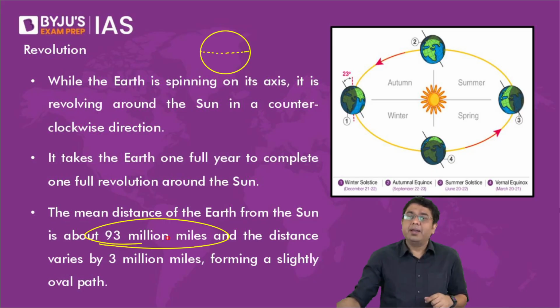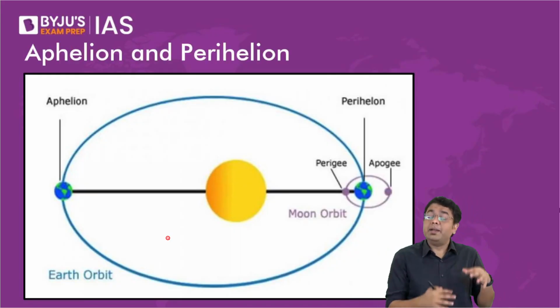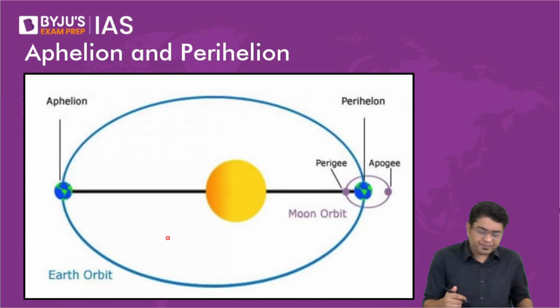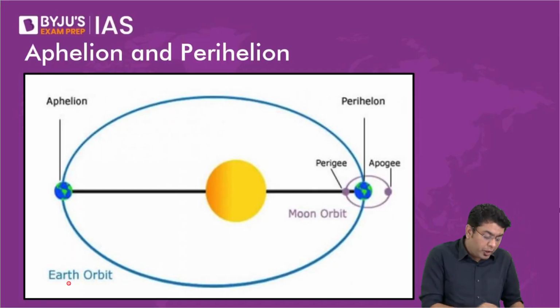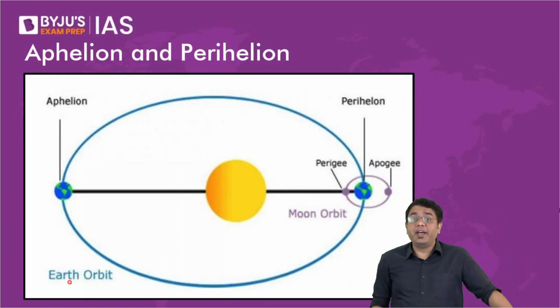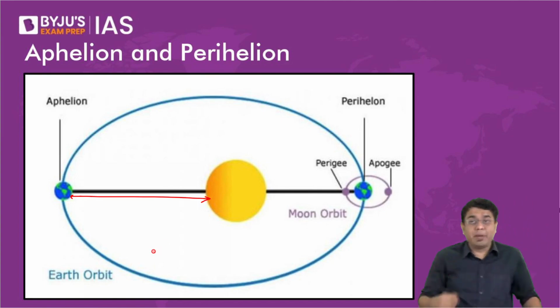But before that, let us understand the aspect of Earth's movement around the sun and the various dates. So, if you observe this particular image, you will observe that planet Earth moves around the sun in an elliptical orbit. So there is a time of the year when the distance between the Earth and the sun is the maximum.